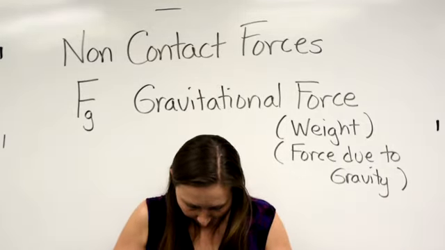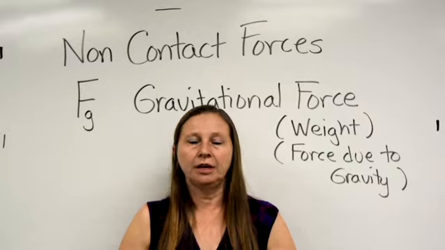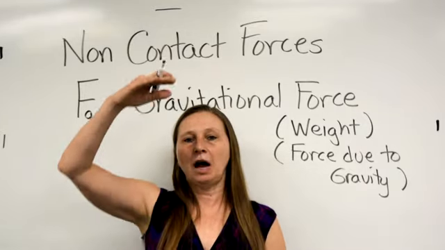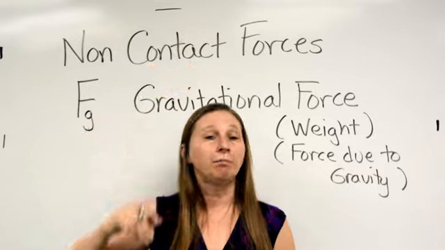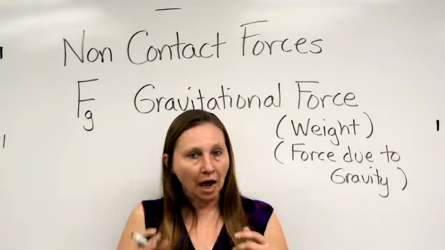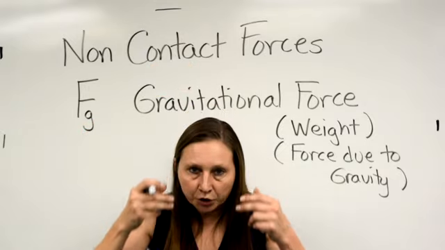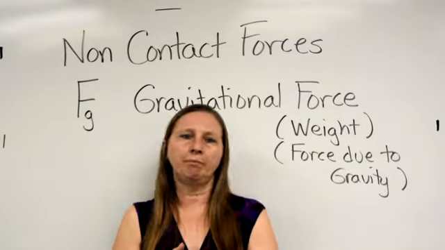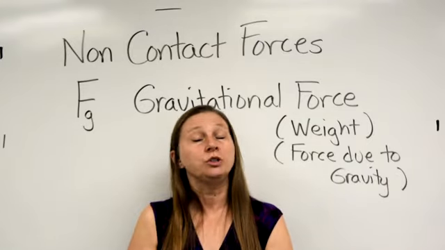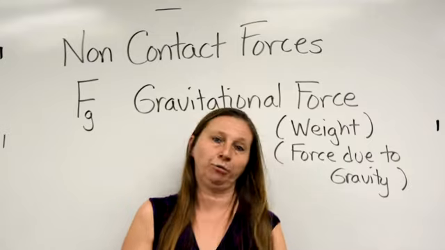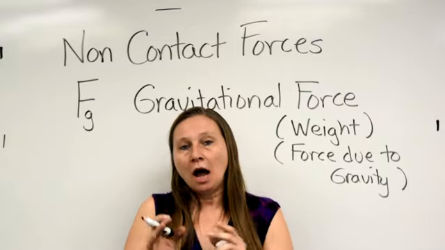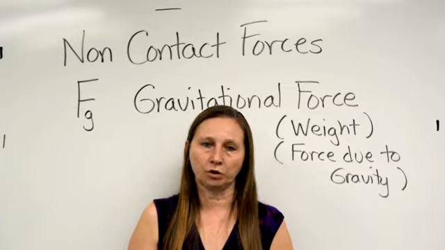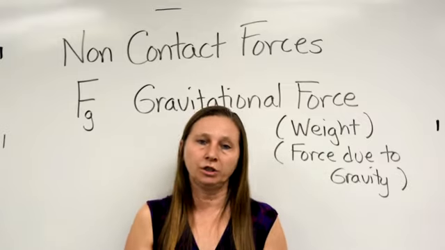My weight is a result of the Earth pulling me down. Even if I was 10 feet up above the Earth, not touching the Earth, it would still pull me down. If I was a mile up above the Earth, it would still pull me down. So objects do not have to be touching for the gravitational force to pull them towards each other.